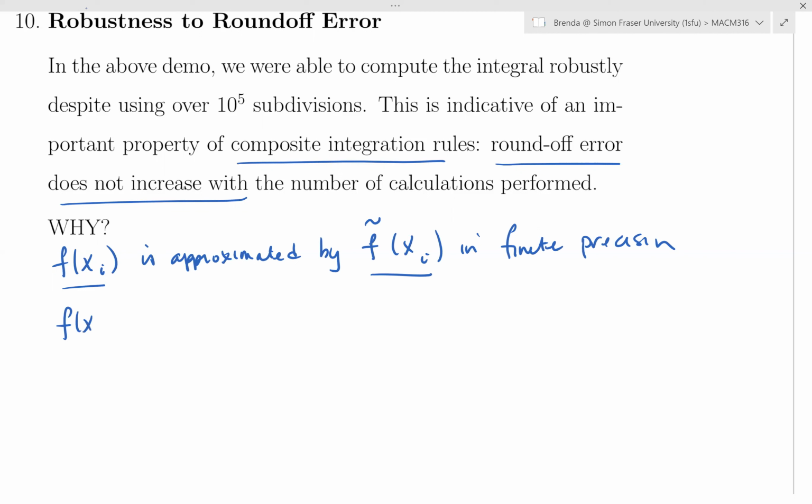The exact value is the approximation that we get when we actually do this on a computer plus some round off error. Then we do that at each node, so at each evaluation we make, we get an approximate value that has a small amount of error in it, with i going from 0 to n.